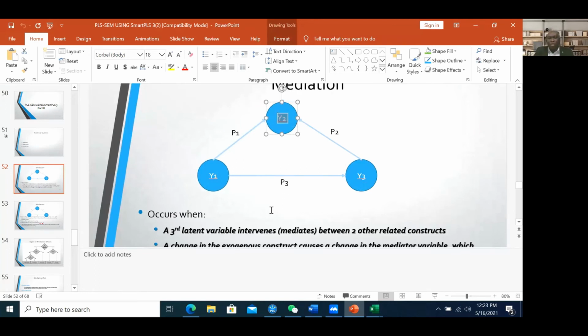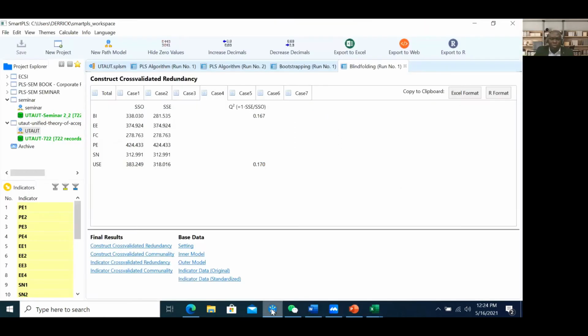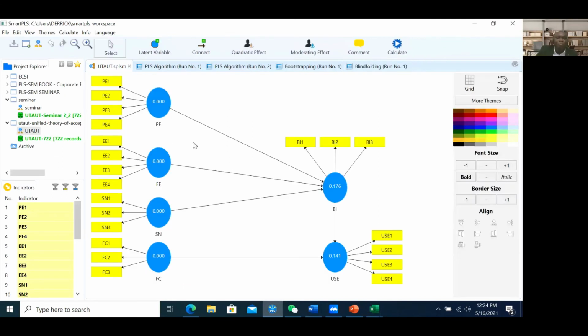That's mediation. So a change in the exogenous construct causes a change in the mediator variable, which in turn results in a change in the endogenous variable. So when there's a change in y1, it causes a change in y2, which causes another change in the value of the dependent variable.